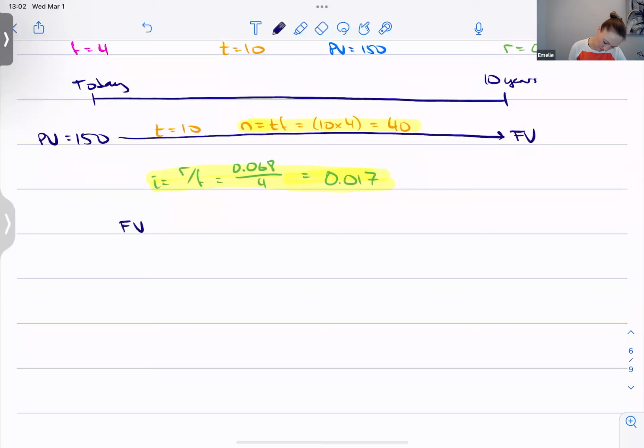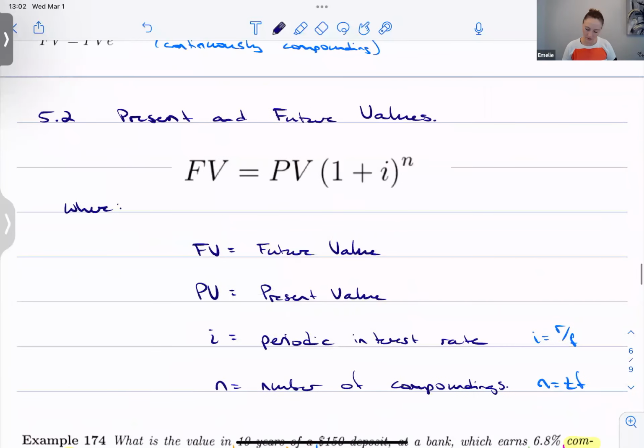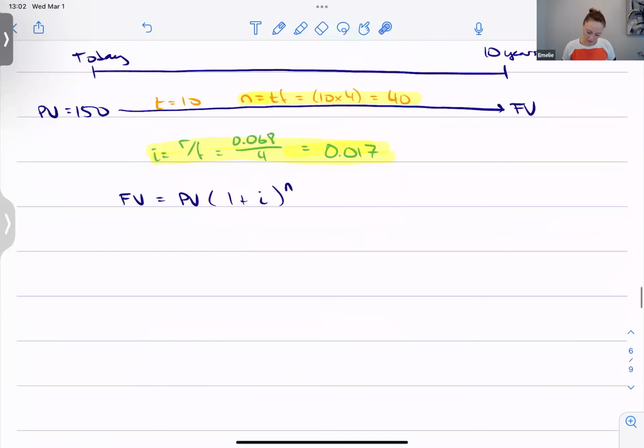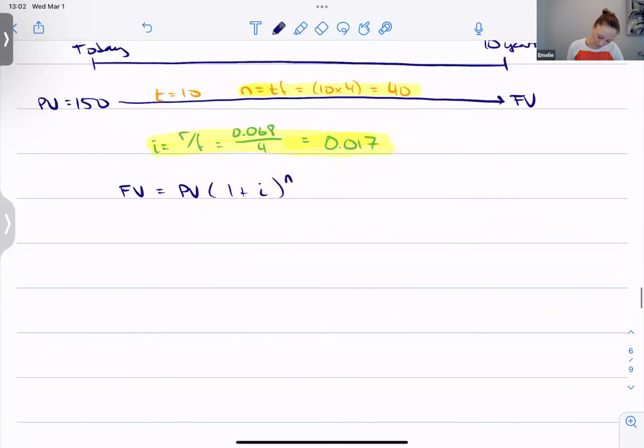I want to find the future value, which is the present value times 1 plus I to the power of N, right? 1 plus I to the power of N. So I'm solving for the future value, so that's great, because it's the easiest one. The present value is 150 times 1 plus 0.017 to the power of N, which is 40.